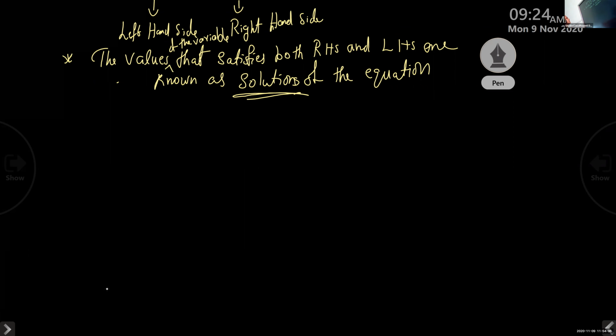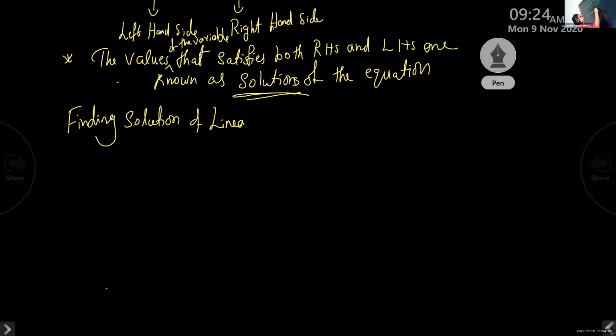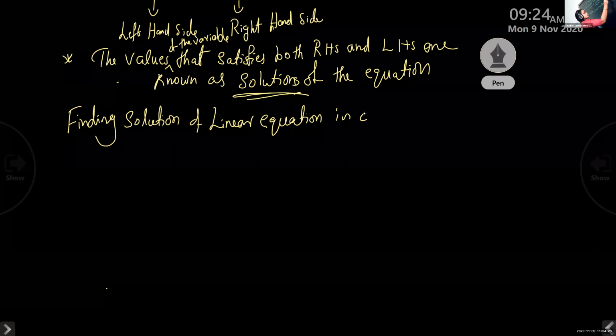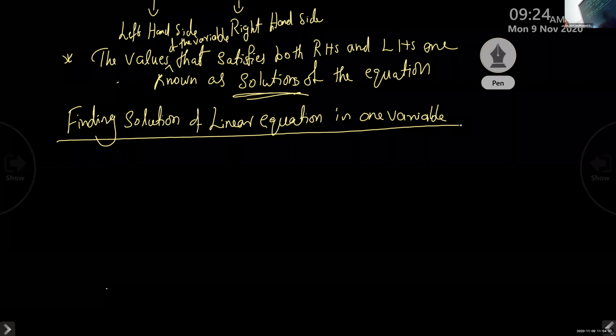Okay, so next heading is finding solution of linear equation in one variable.